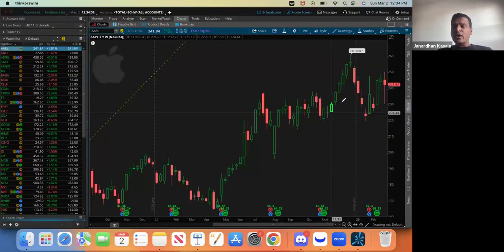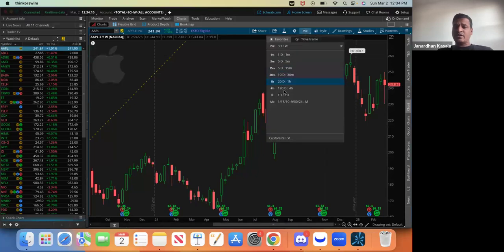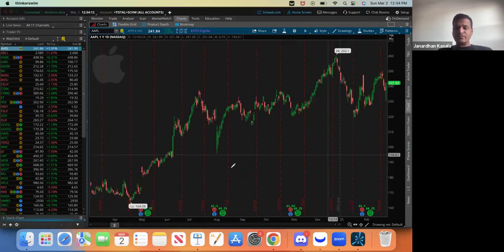So anyone looking at this chart, say I'm looking at the daily chart, where is the trend? Anyone can tell it's in a bullish trend. After identifying the trend, do you want to play longs or shorts?